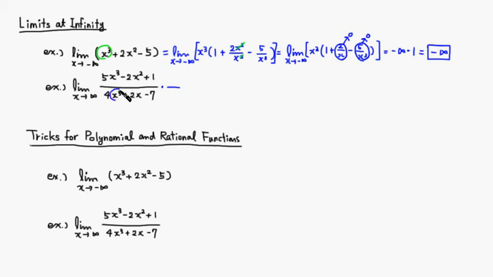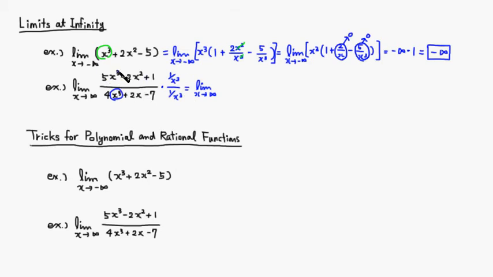So divide the numerator by x cubed, and the denominator by x cubed. You still take the limit as x approaches infinity.